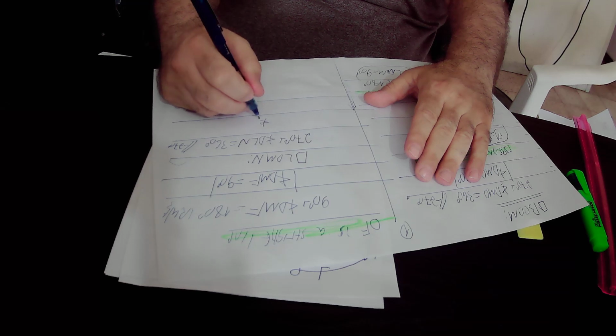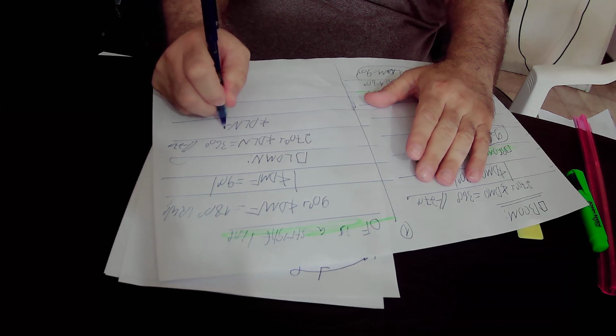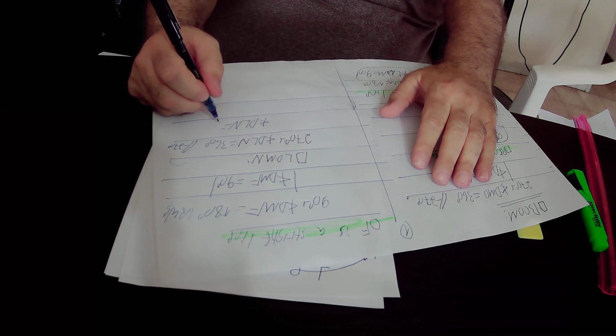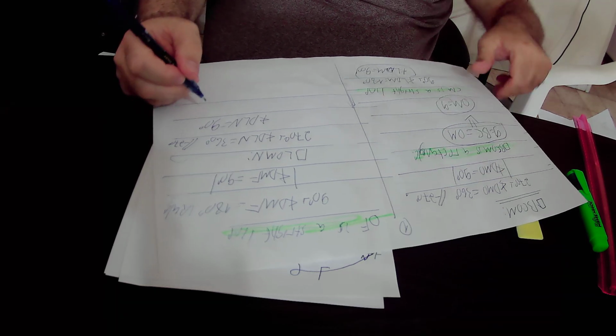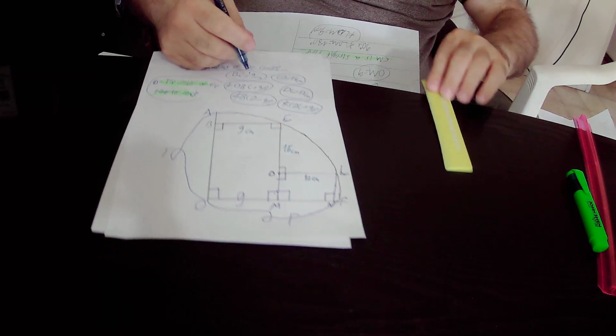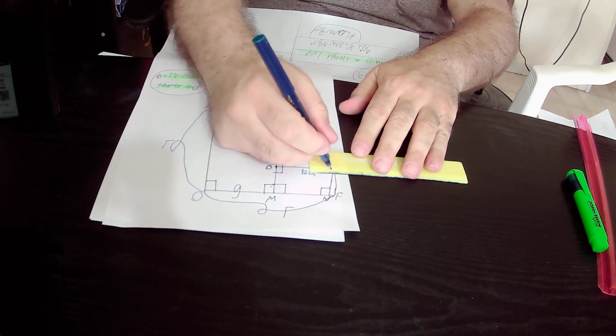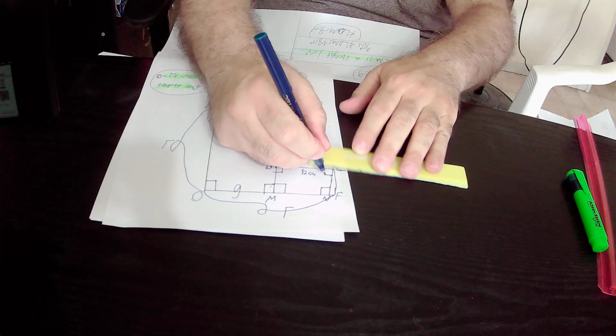the missing angle, angle DLN, is equal to 360 degrees minus 270 degrees. It is equal to 90 degrees, that is to say it is a right angle. So this angle is a right angle that is equal to 90 degrees. Okay.